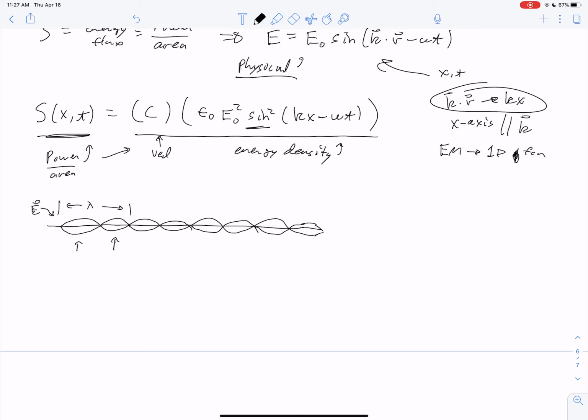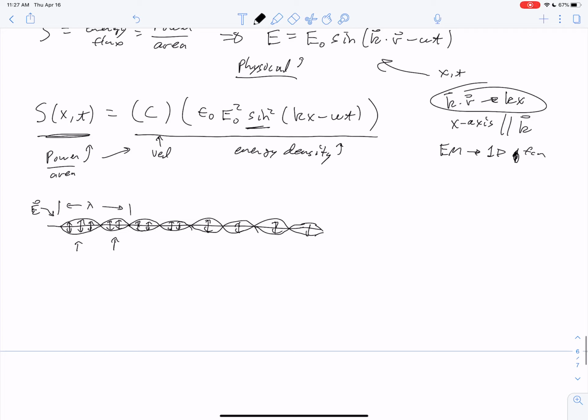The electromagnetic field is going up and down. Drawing these is a pain, so I won't draw them all.